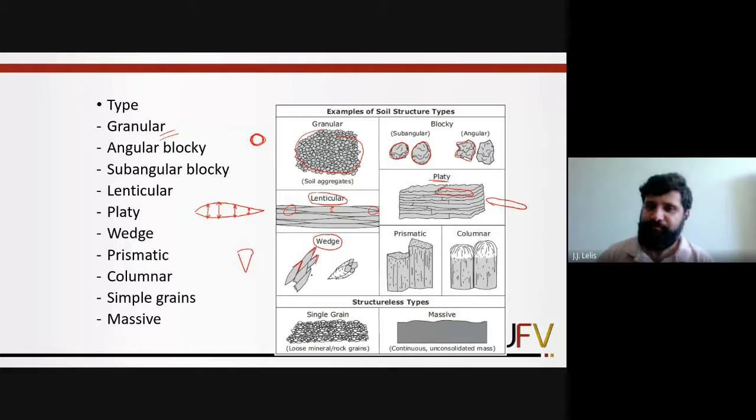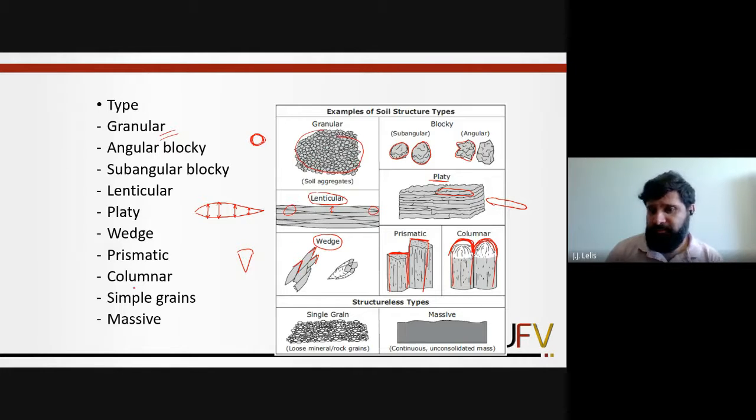We have some prismatic peds that are vertically elongated materials, and columnar peds that also are vertically elongated materials, but columnar ones have a rounded top, different from this, which is a very angular material.